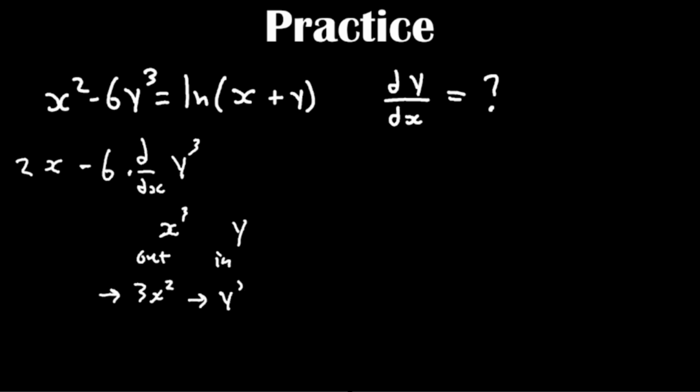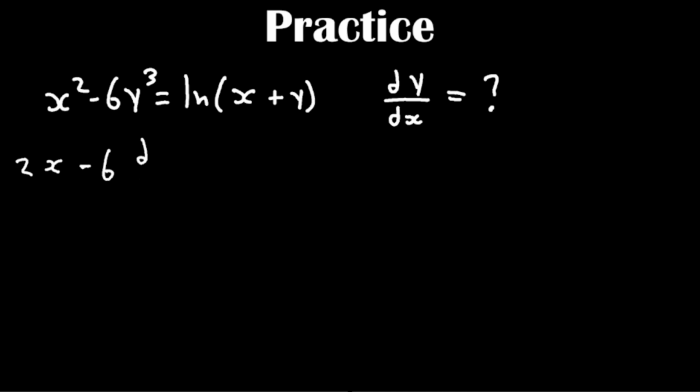So by the chain rule, the derivative of y cubed is 3 times x squared, but instead of x you replace that with y, and then times the derivative of our inside, which is y prime. So this derivative here is 3y squared times y prime.